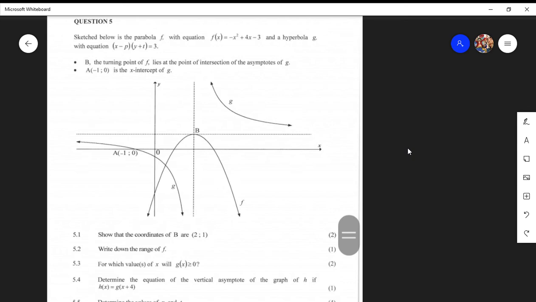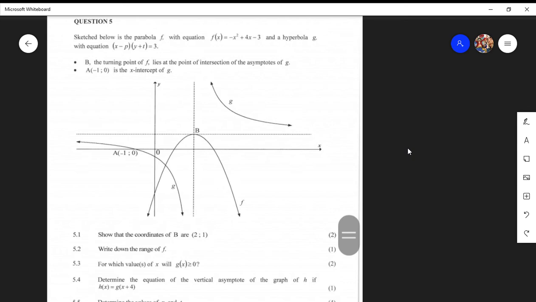Okay, so it says sketched below is the parabola f with equation f of x is equal to negative x squared plus 4x minus 3. So this is a sad face parabola with a less than 0. And a hyperbola g with equation y = 3 over (x minus p) plus t.